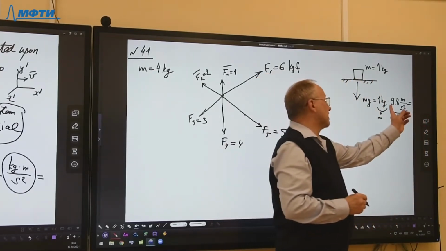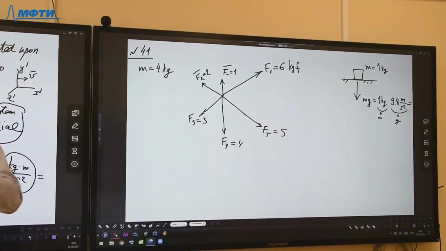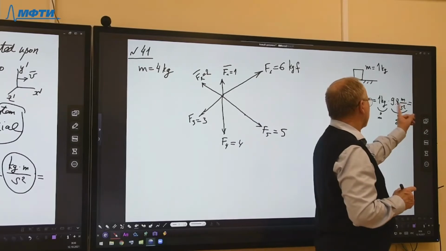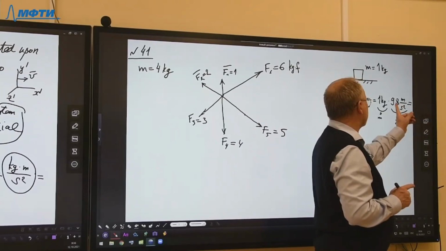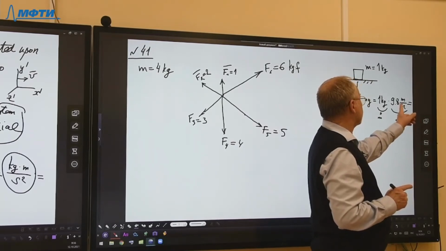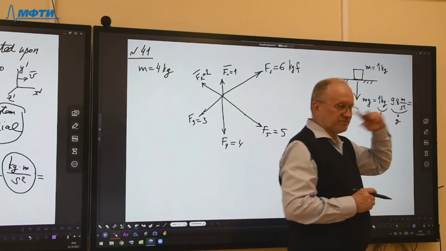This figure 9.8 is approximate. The accelerations are different at different points of the Earth's surface, but they differ in the second place after the decimal point.